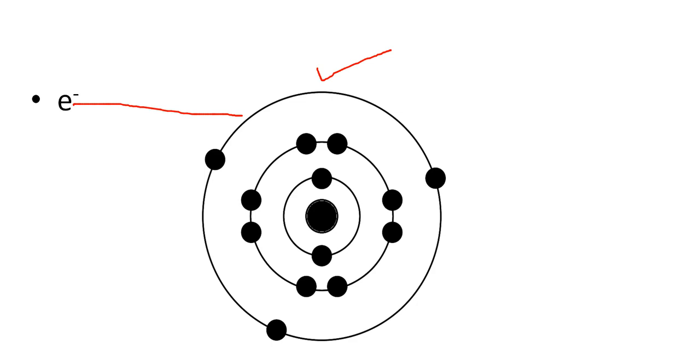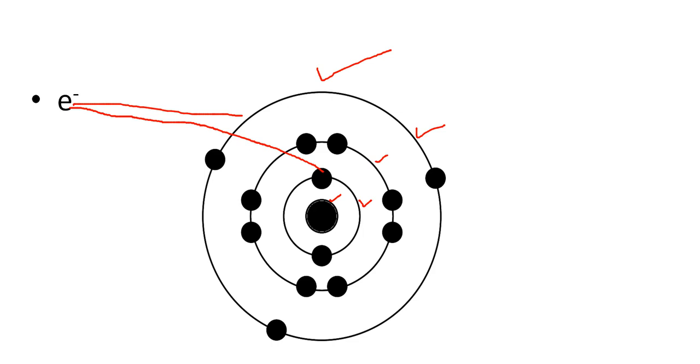Now let us see how these X-rays are produced. For example, there is one electron and this electron will collide with an electron of the K shell. This is the K shell, this is the nucleus, this is the L shell, M shell, and so on.